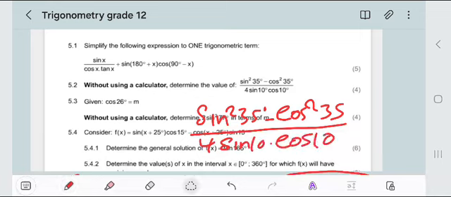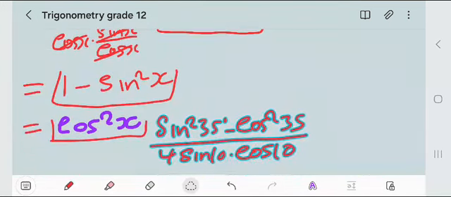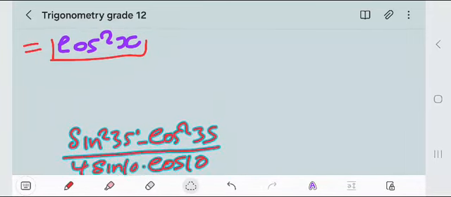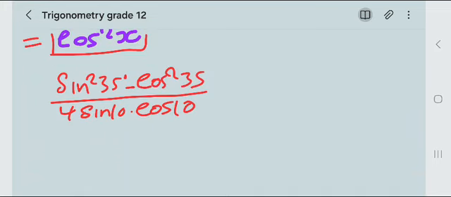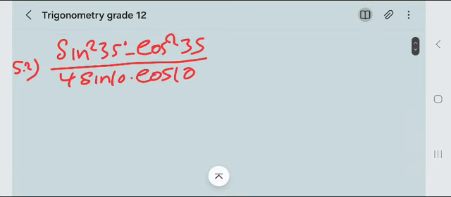Ladies and gentlemen, we're supposed to solve this. This is 5.2.